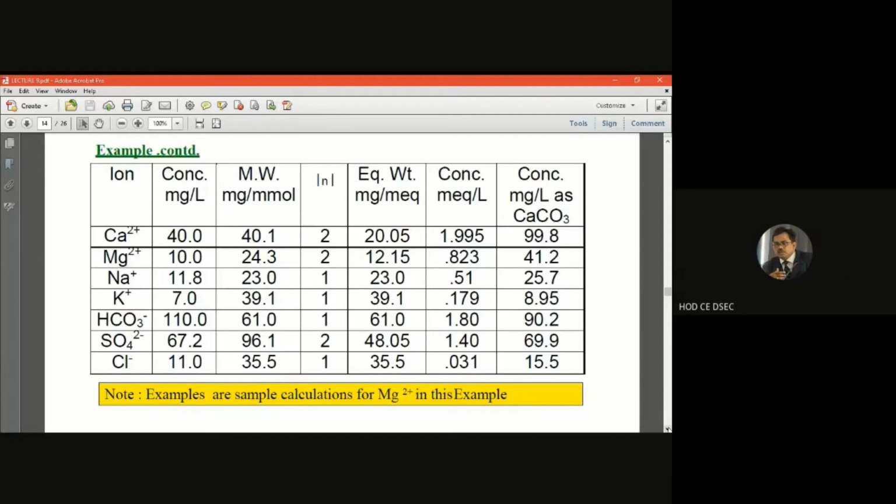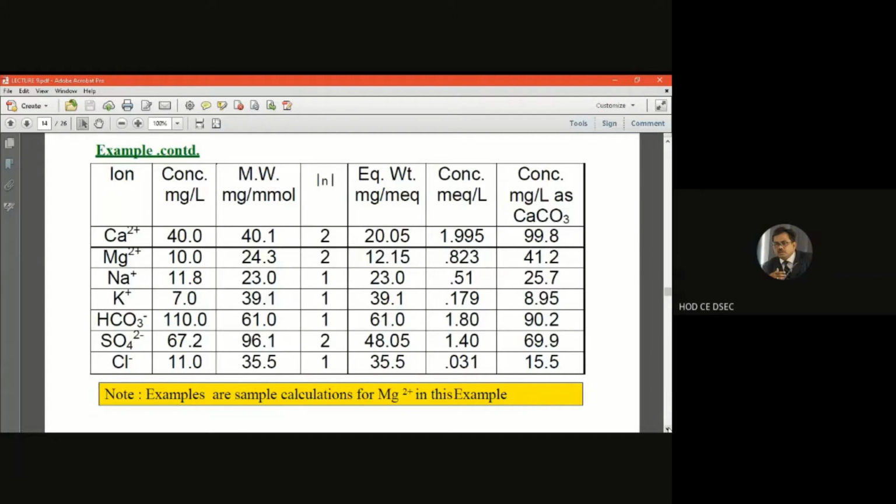If we multiply numerator and denominator by 1000, gram will be converted to milligram and mole will be converted to millimole. So gram per mole and milligram per millimole are the same. So that I have written over here. So calcium 40.1 is the molecular weight, milligram per millimole, vis-a-vis I can say gram per mole, and the valency is 2.